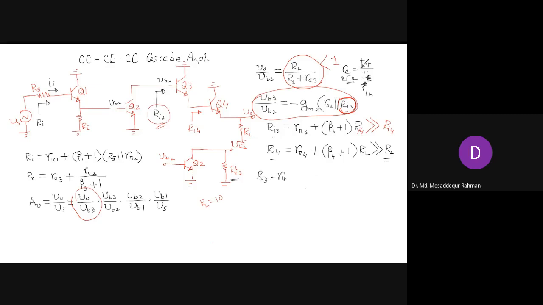Right? So overall, this Ri3 we can write as R pi 3 plus beta 3 plus 1 times Ri4, and Ri4 is R pi 4 plus beta 4 plus 1 RL.